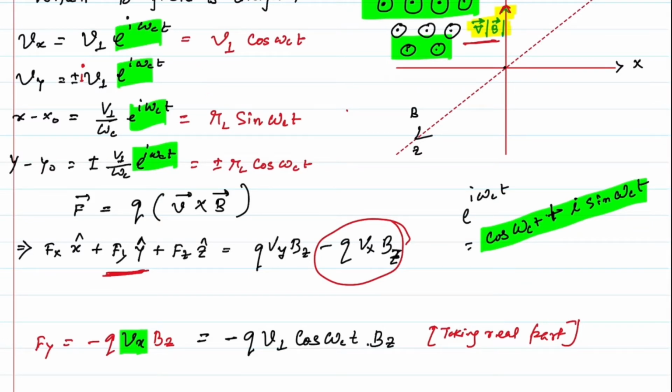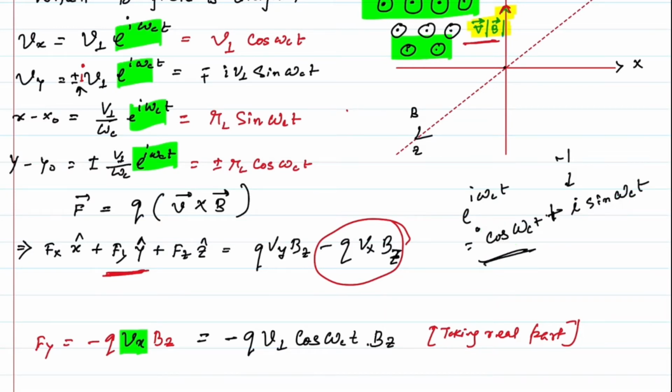Also, if you take this one here, it will be minus plus i v perpendicular sin omega_c t. Because here you see there is an i, so if you multiply by i, it will be minus 1, and one i will remain. So in this case this one will be the imaginary part, not the sine. Okay, so hope you have understood this.